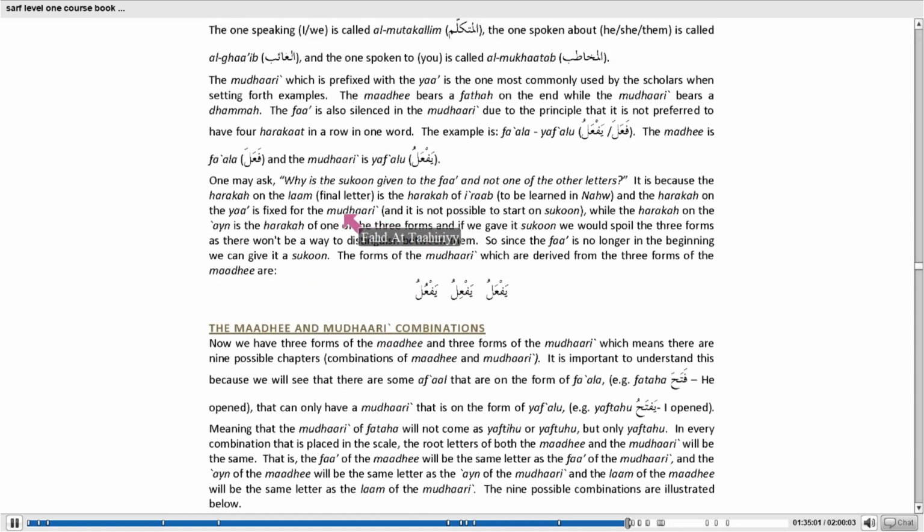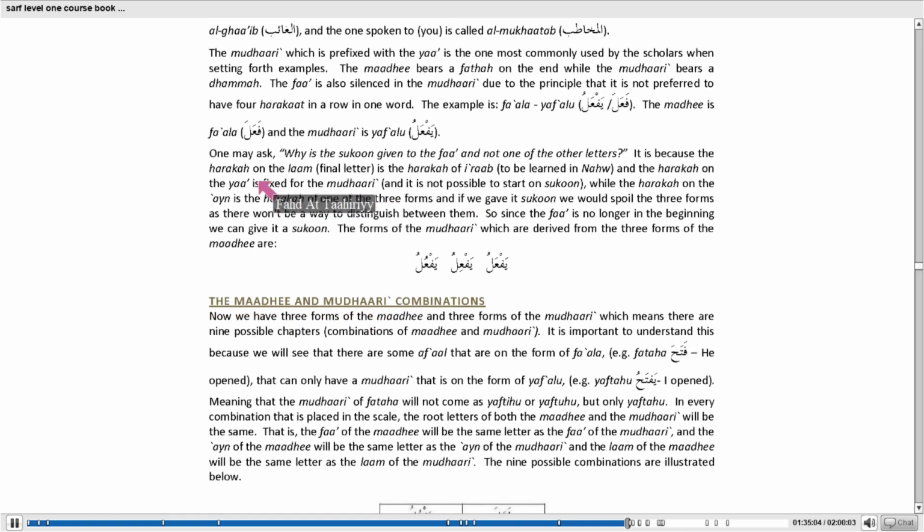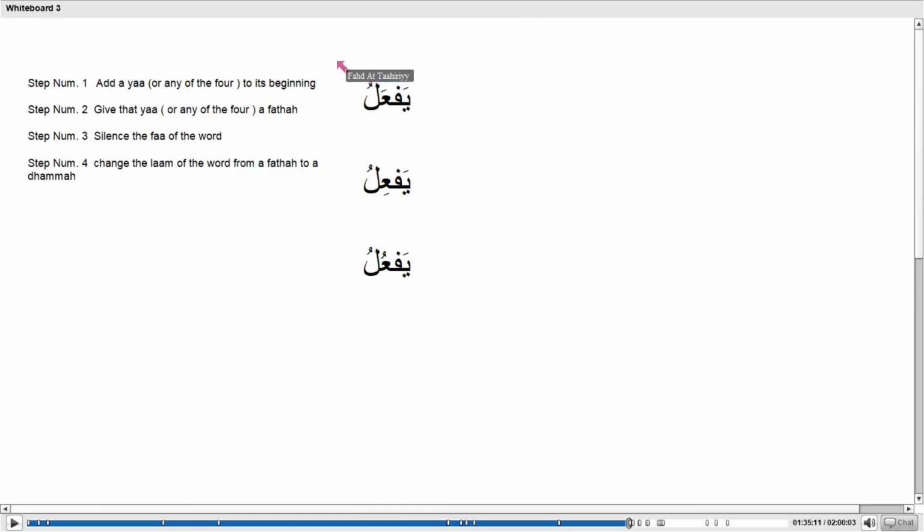Okay. Maybe he's not here. So one may ask, why is the sukoon given to the fa, etc. So basically, from what we did right now, we notice that we had three forms of the madi and three forms of the mudari because of this.